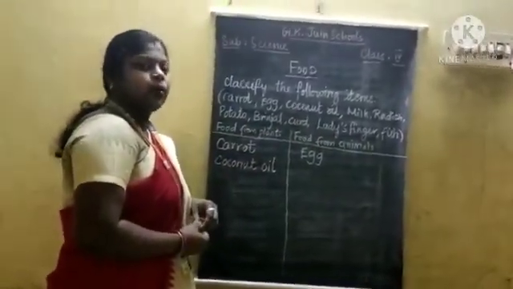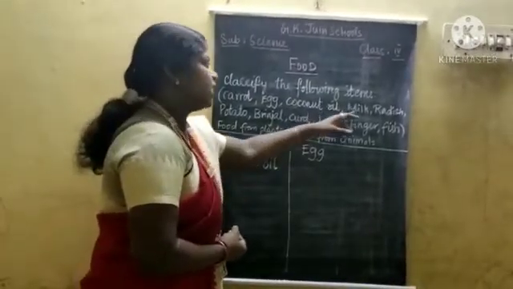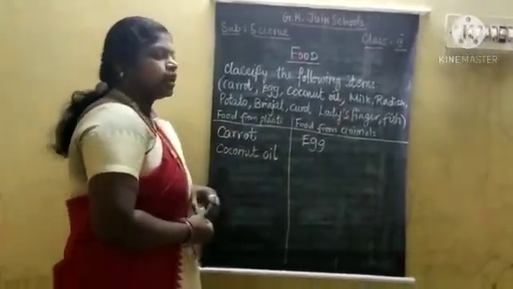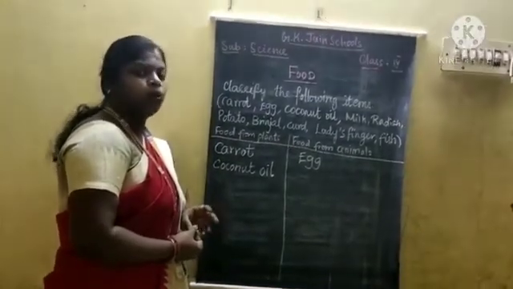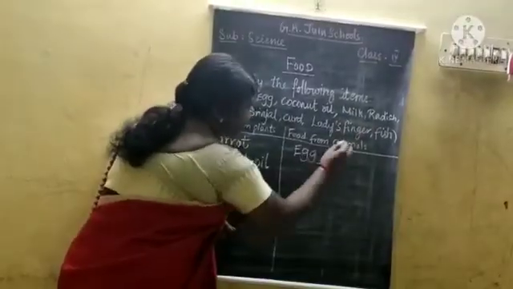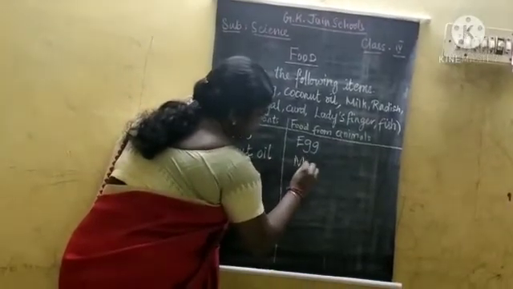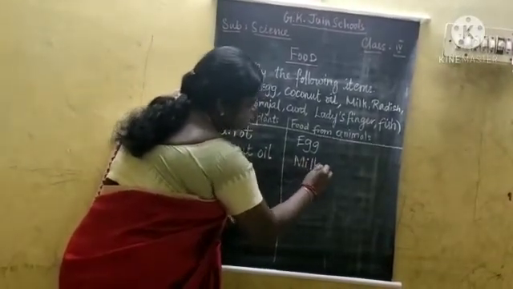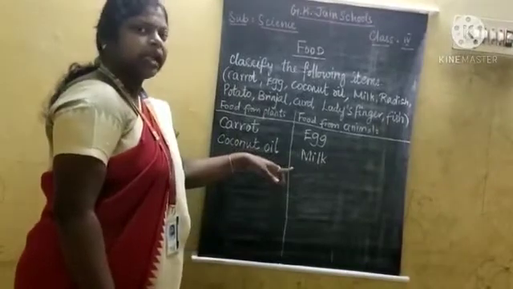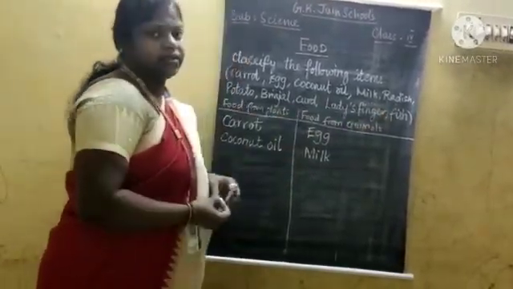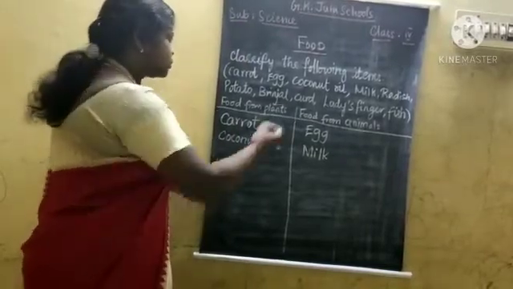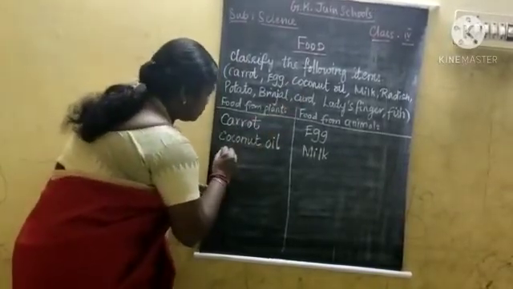Milk is a very healthy food and we get it from animals, from cow, goat and sheep. M-I-L-K. It is rich in calcium.